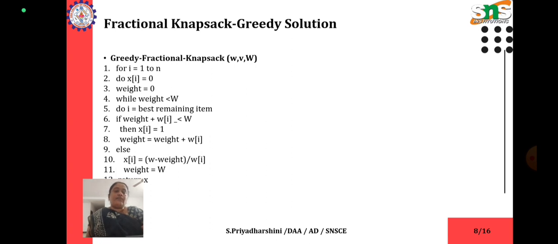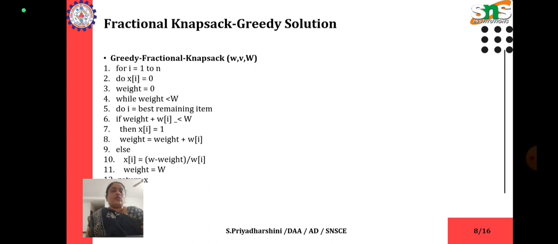While weight is less than the capacity W, do: i is equal to the best remaining item. If weight plus Wi is less than or equal to W, then x of i is equal to 1 and increase weight to weight plus Wi; else x of i would be (W minus weight) divided by Wi, and weight is equal to W. So this is how the fractional knapsack greedy algorithm works.